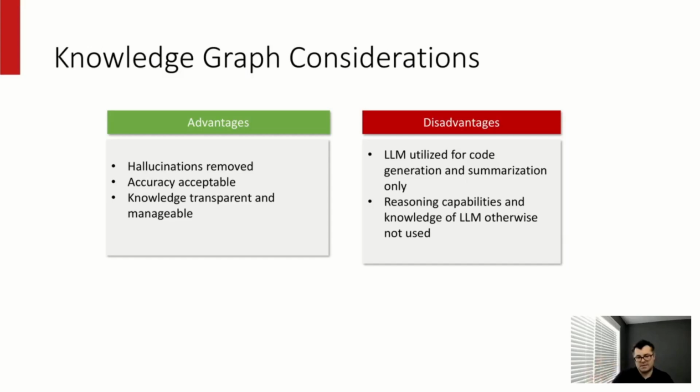Now, all of this comes at a cost. We have a particular set of requirements, and a lot of businesses would be fine with these kinds of requirements, I would say. But it comes at a cost in that here the large language model is utilized only for its ability to create code, to summarize a response, and generate the visualization. The reasoning capabilities of the large language model are not utilized at all, and the more generic knowledge is not utilized either.